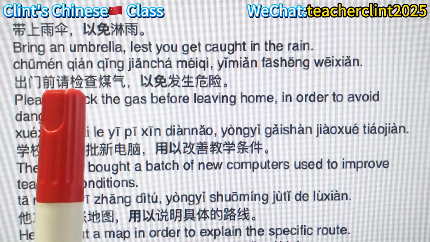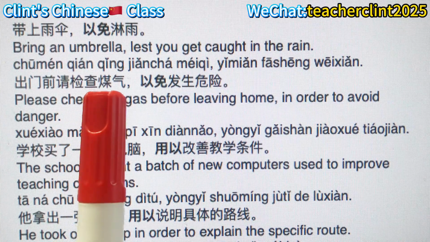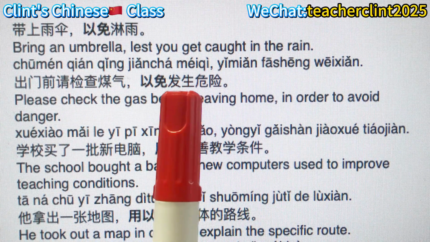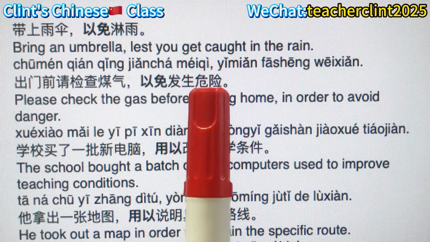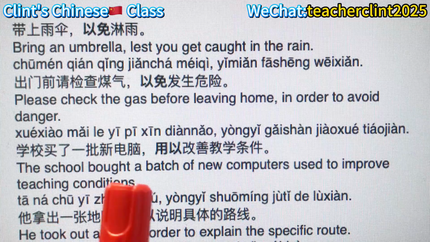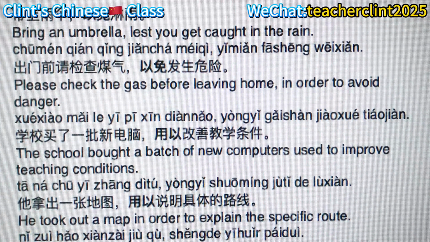So here is time adverb and check verb and this object. 以免 to avoid, 发生 happen, 危险 danger. So verb and object, to avoid danger happening. Right?